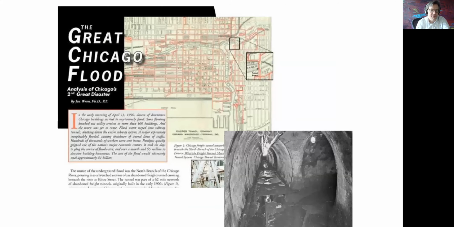Underground is another concept. So this is sort of related to the sewer idea. I chose this particular example, the Great Chicago Flood. This is something that happened in 1992. So it turns out that under Chicago, most of the major downtown buildings are connected by a series of tunnels.